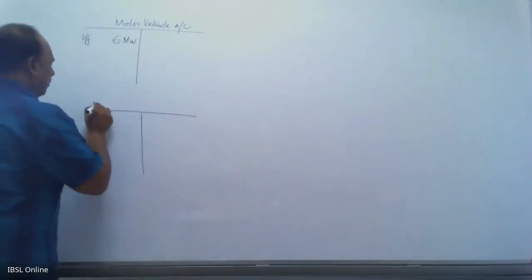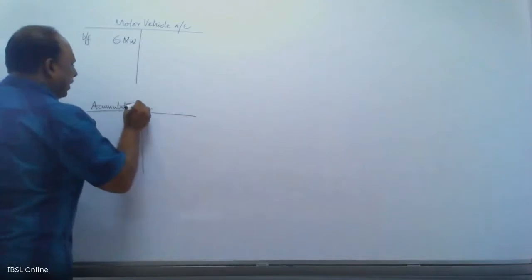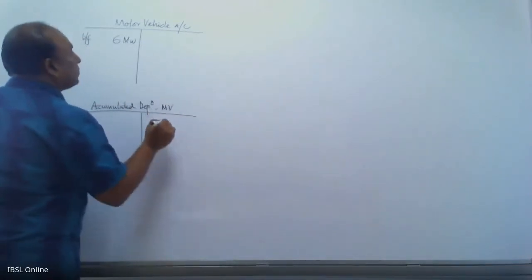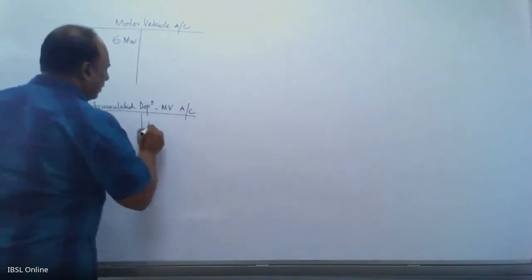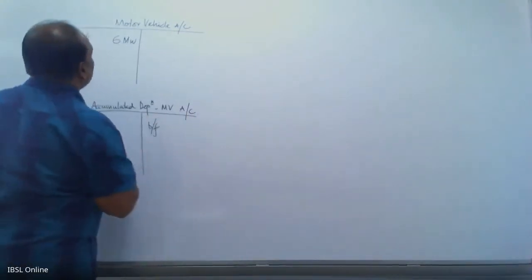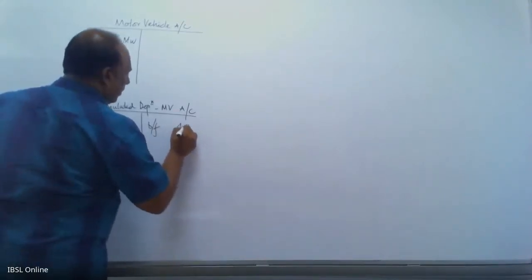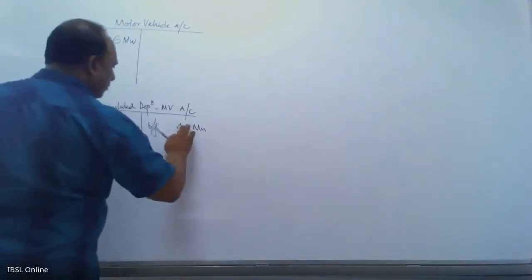So now you know what accumulated depreciation is. I don't need to tell you. Accumulated depreciation, motor vehicle account. That will have a credit balance. Let's say it is about 4.8 million.